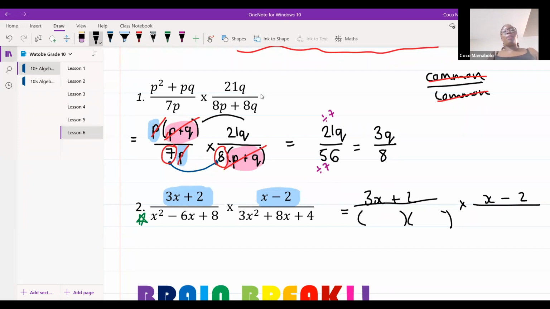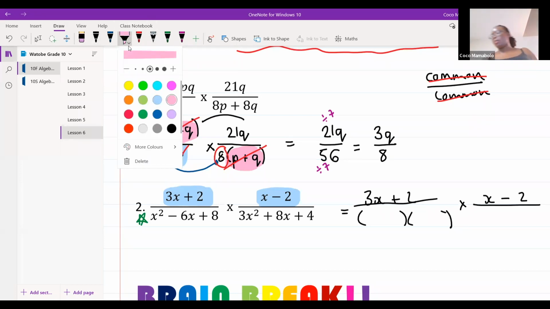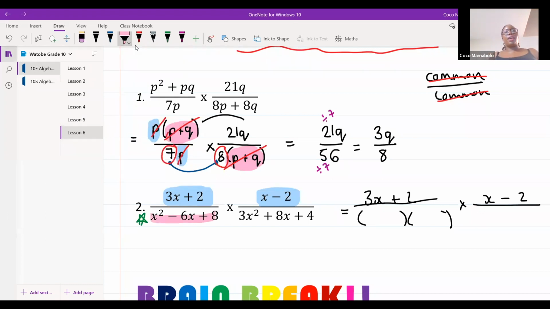Now, if I want to factorize this bottom part here, I know that my factors of x squared are going to be x and x, right? And then in order to get my signs, I'm going to look at the sign here in the middle.